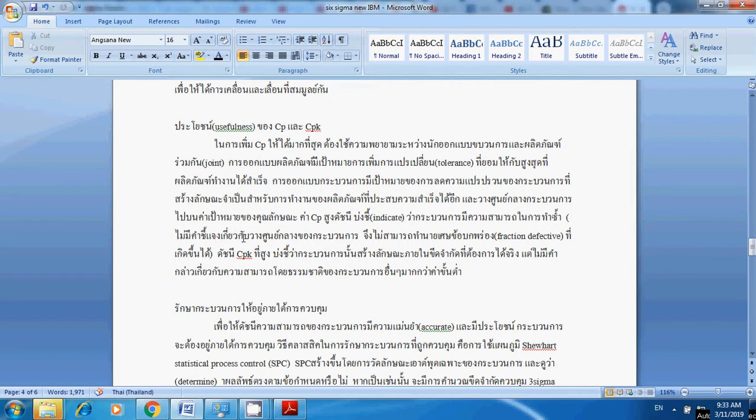It makes no statement about centering the process, so it cannot predict the fraction defective that occurs. A high CPK indicates that the process creates characteristics within the specification limit, but makes no statement about the inherent ability of the process beyond the minimum value.